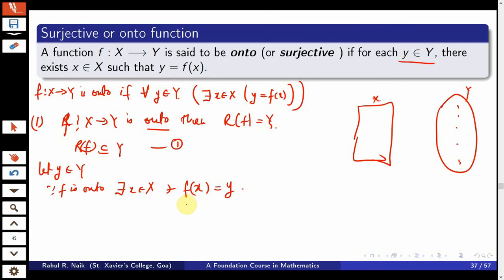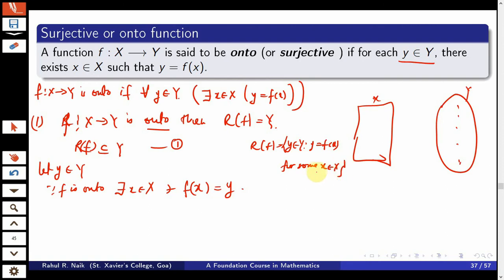This is exactly the definition of y being in the range of f, because the range of f is the set of all points in the codomain such that y is equal to f of x for some x in X.